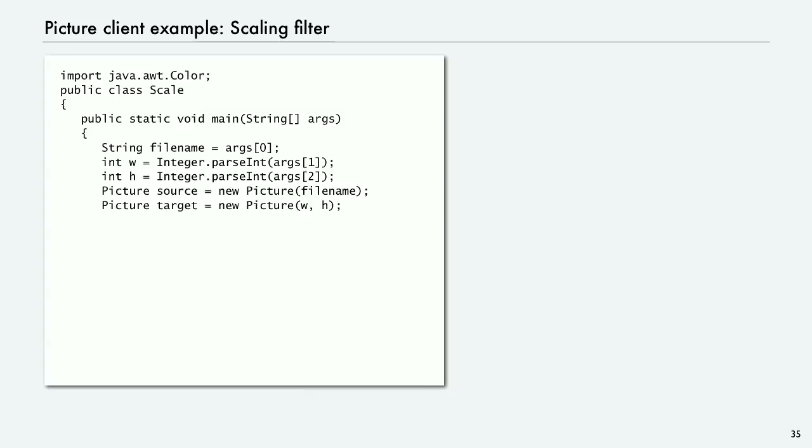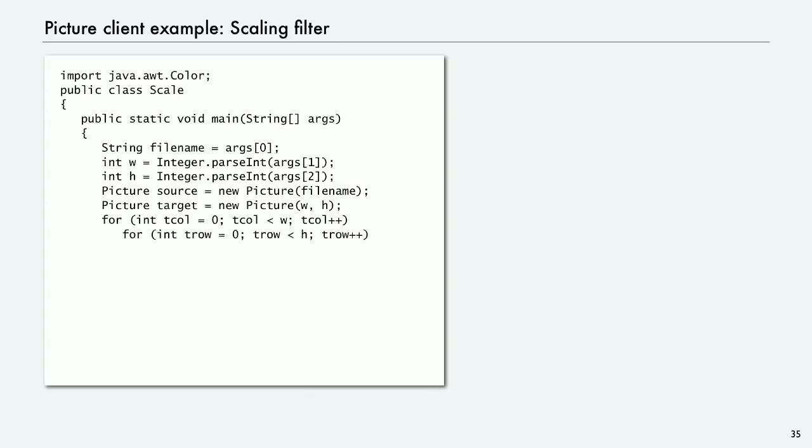We take as input in the first command argument the file name, which is the picture that we want to scale, and then we take the width and height that we want out of that picture. We create a new picture from the file, and that's our source. And we create a blank picture of size W by H, that's our target.